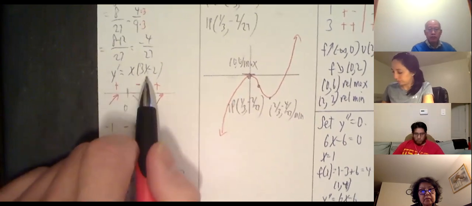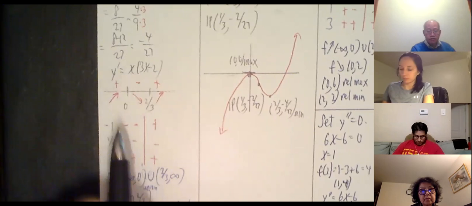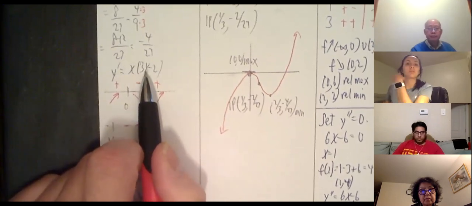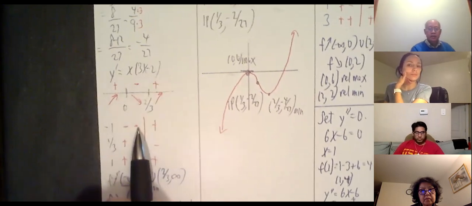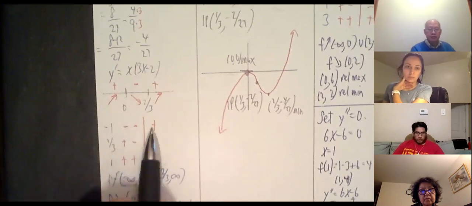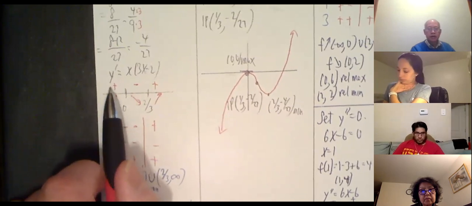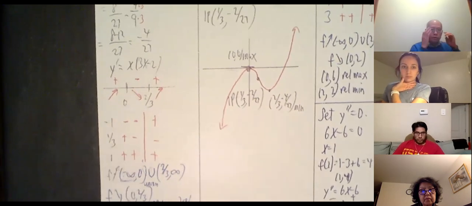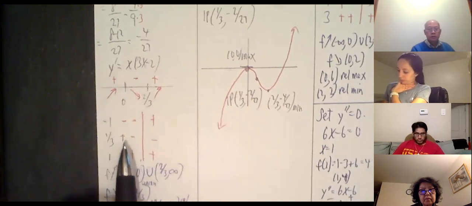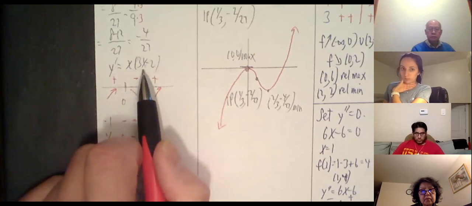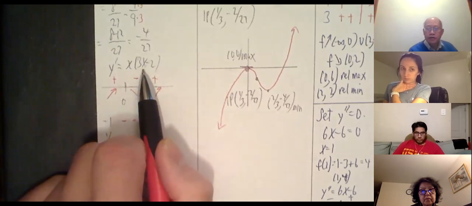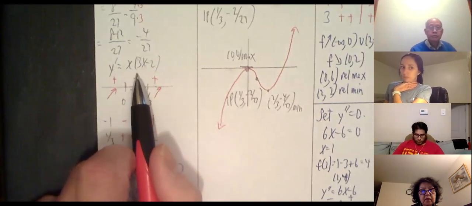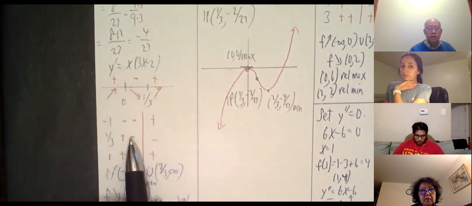Okay, and I plug into y prime. Plug in -1. -1 is negative. 3 times -1 is -3, minus 2 is negative. Negative times a negative is positive. So positive in this region. 1/3: 3 times 1/3 is 1, the 3's cancel out. 1 minus 2, negative.